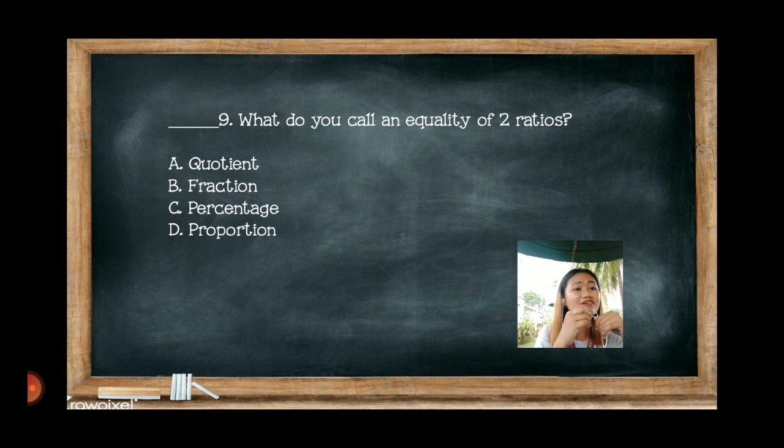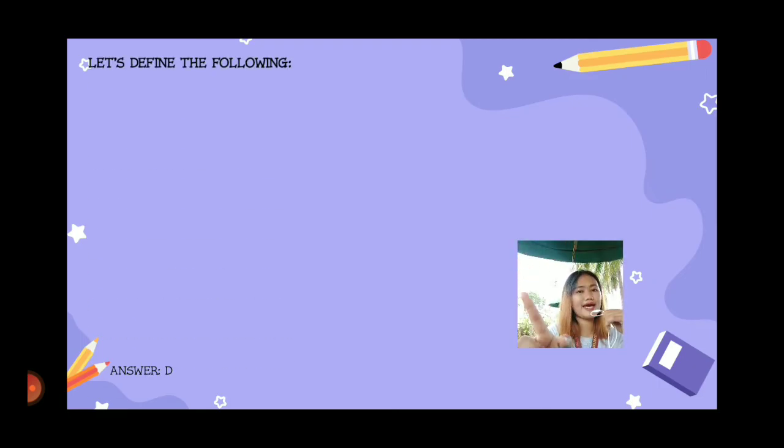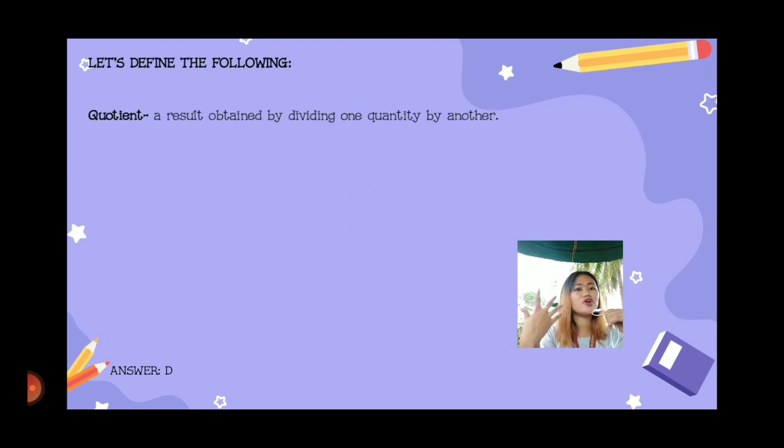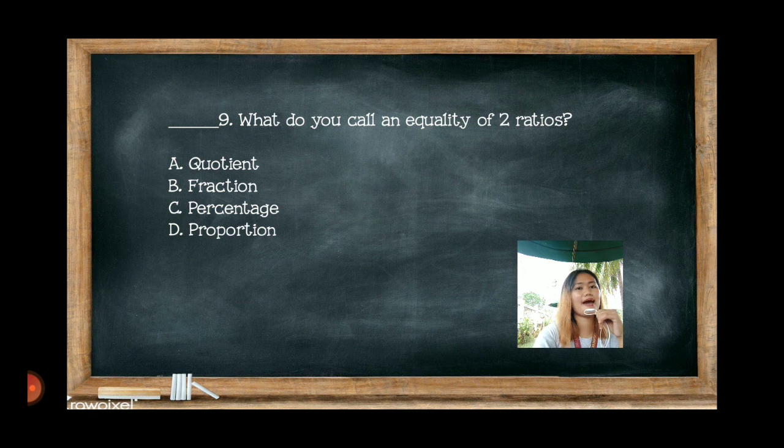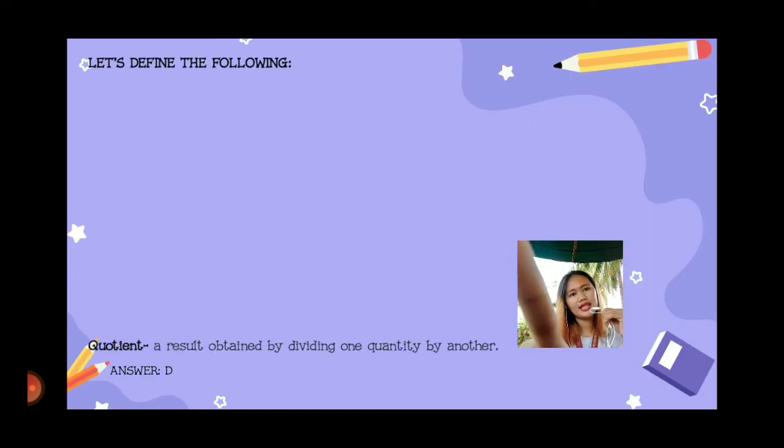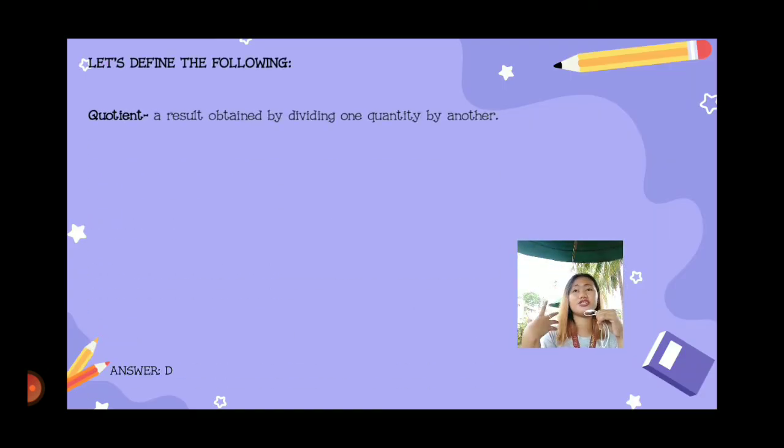So number 9. What do you call an equality of two ratios? This one is easy. For the two ratios, for those who do not have any idea, let's just define the choices. A quotient is the result of dividing one quantity by another.